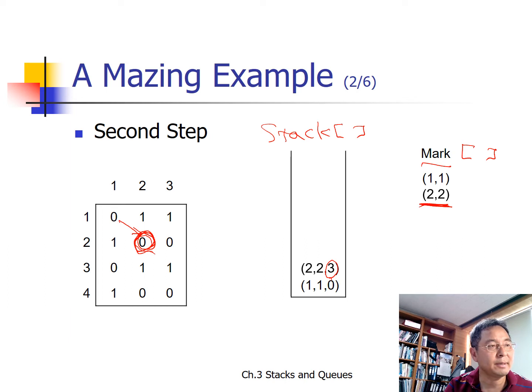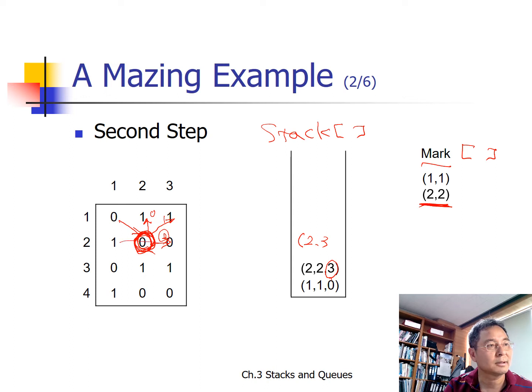Now I am in 2, 2. We must continue to search the possible directions. North, no. Northeast, no. Okay, this one is possible. So 0, 1, 2, direction 2 is possible. So the next point is 2, 3.